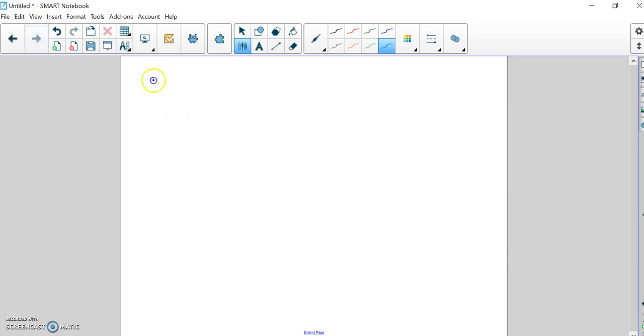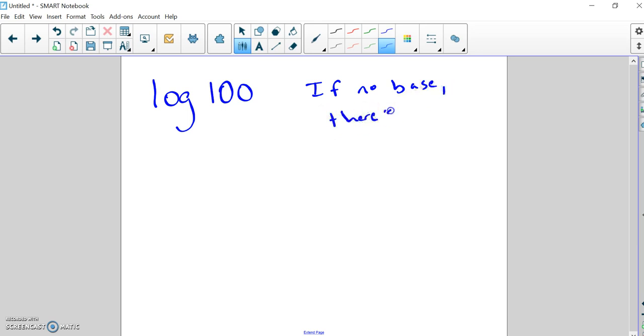If you ever see something that just looks like this, log of 100, and there is no base on that logarithm, there's an understood base of 10.